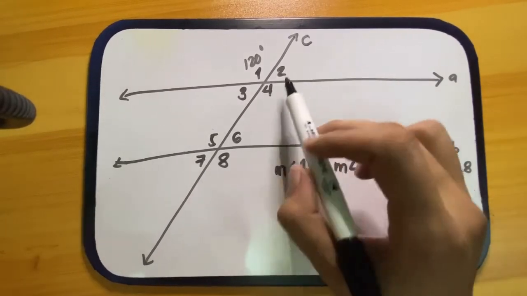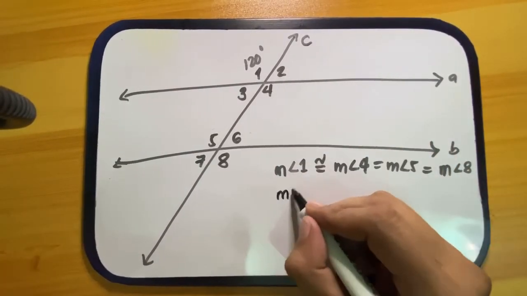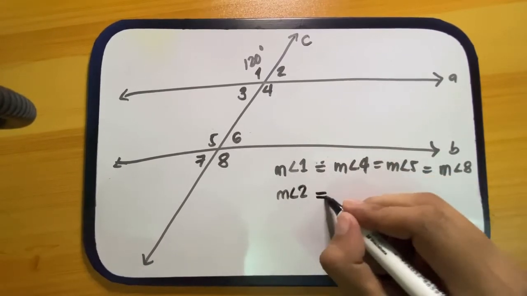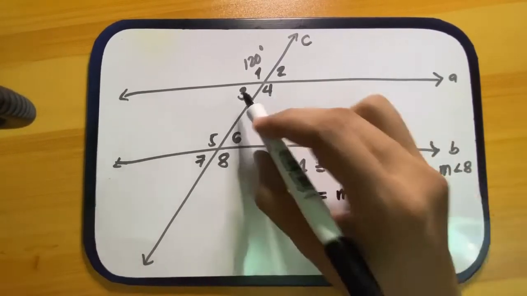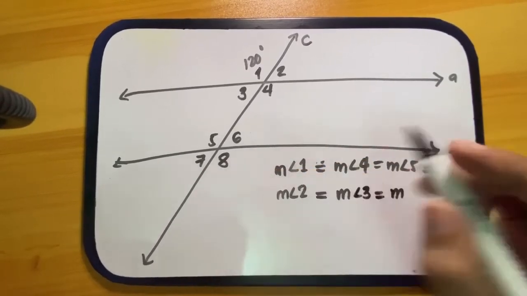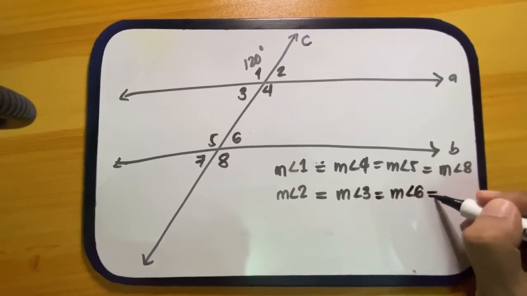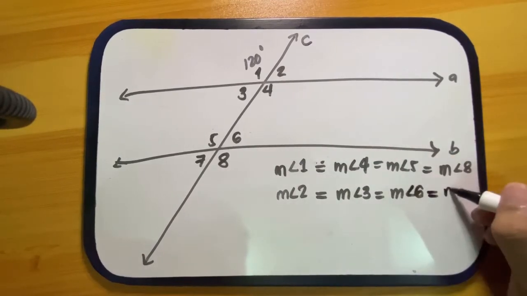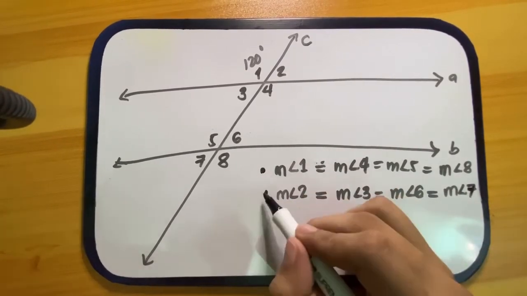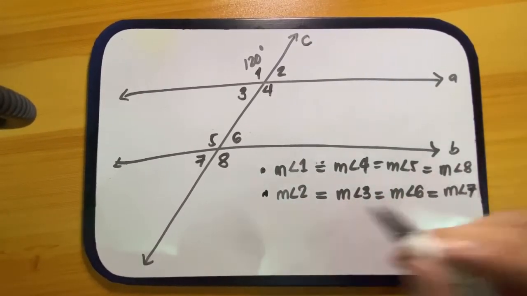Okay, the same also with here. Angle 2 is also equal to the measurement of angle 3, also equal to the measurement of angle 6, and also equal to the measurement of angle 7. Okay, so that's the concept of the transversal line.